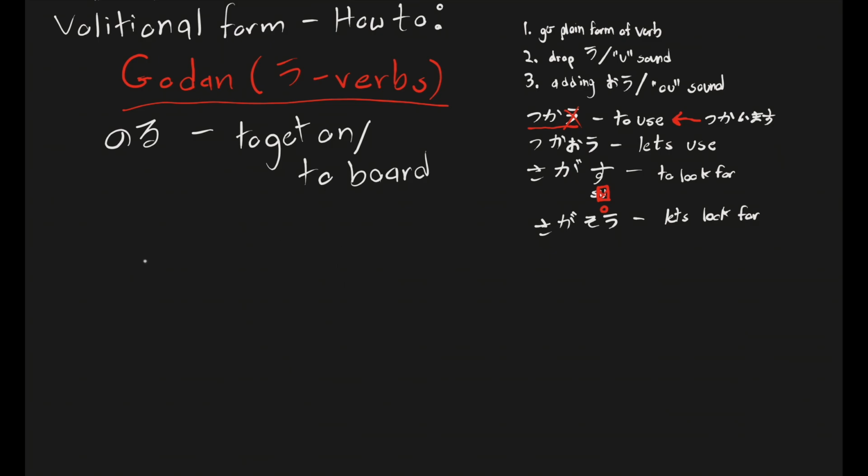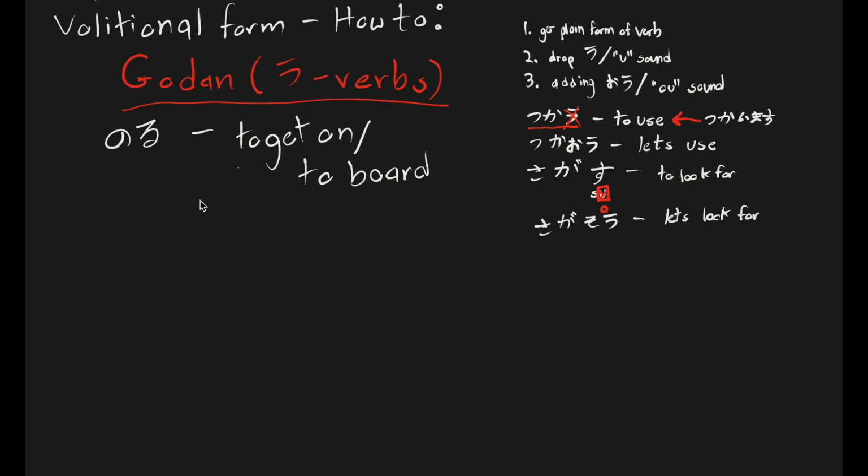So in my class, some people would see noru and think, oh, it's a ru verb, and they'd start doing the volitional form in the ru steps and not the u verb steps. So that is one thing you really have to pay attention to, is it an u verb or is it a ru verb? Now noru is an u verb, that's why it's here.